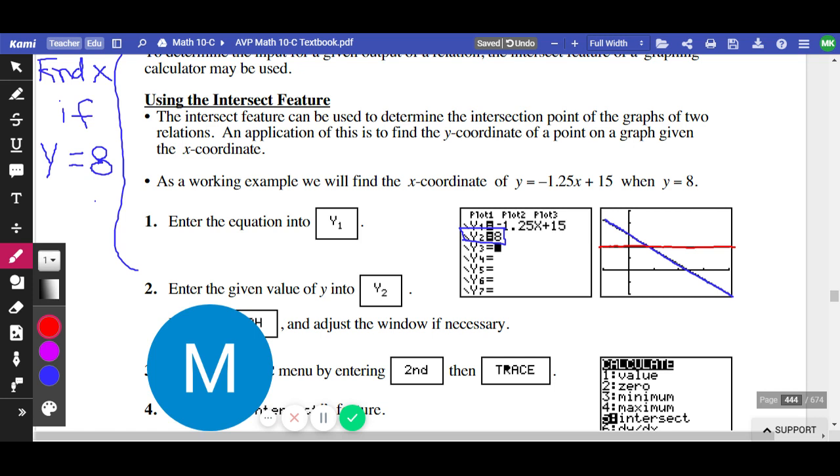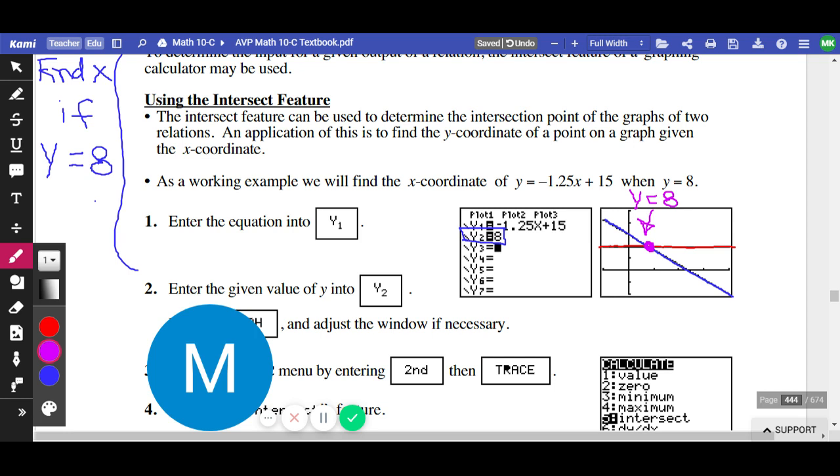So what you want to find is where these two things cross each other. Because that is where y equals 8. Your calculator can do that. It can figure out where two lines cross each other.